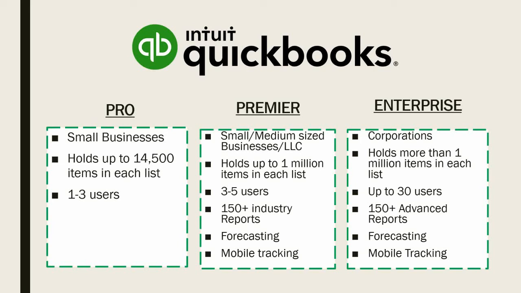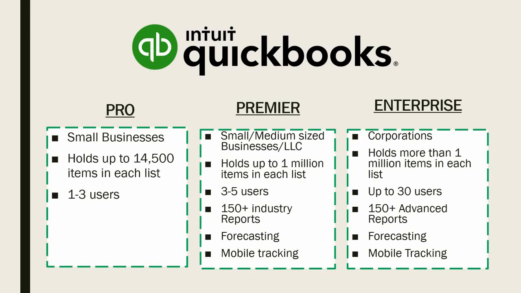But for 2020, right now, Pro can hold up to 14,500 items, meaning every customer, every vendor, every employee, every item that you sell, every account name that you have is going to be considered an item, or a list.